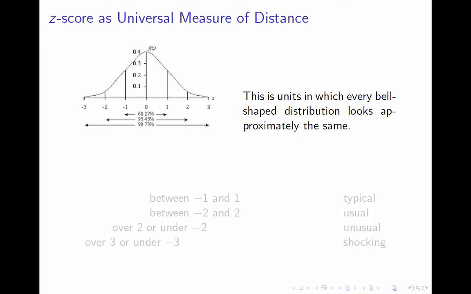And let me remind you of the empirical rule. The empirical rule tells you that in a reasonably bell-shaped distribution, symmetric and fairly unimodal, about 2/3 of the data falls within 1 standard deviation of the mean. About 95% of the data falls within 2 standard deviations of the mean, and almost all of the data falls within 3 standard deviations of the mean.